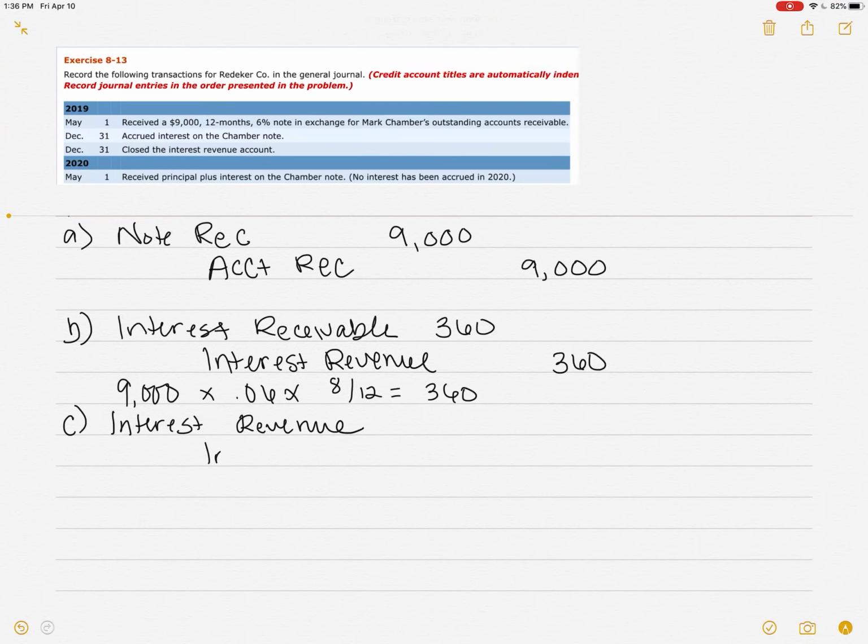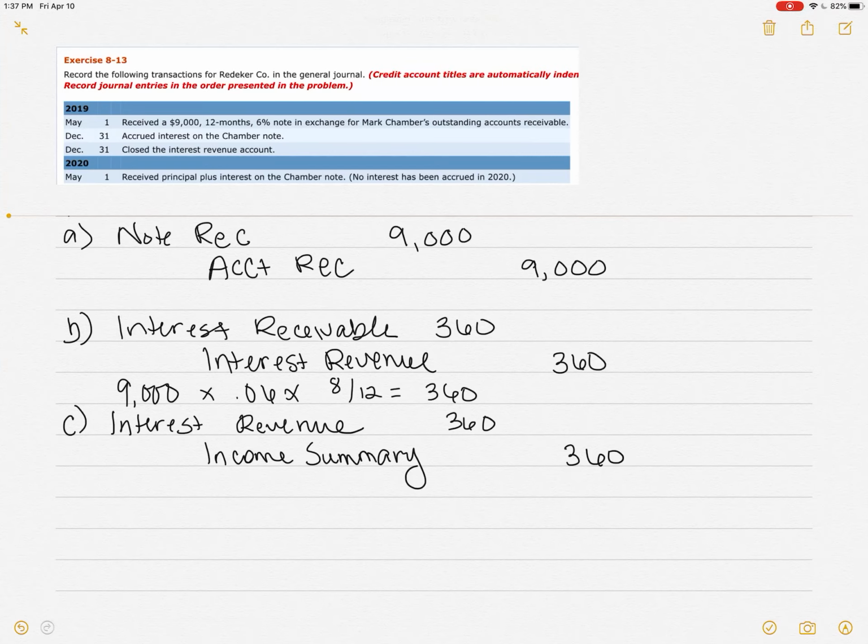And I'm going to credit, if you remember, income summary. I hope this is a good reminder that at the end of the semester here we will have a cumulative final that kind of goes back and reviews some of this stuff. So you're going to want to remember that. And we just do it for the same amount.